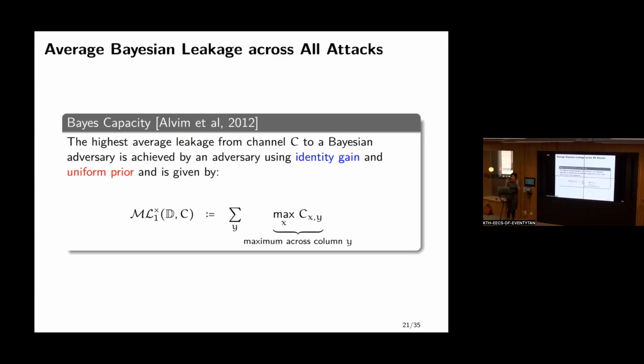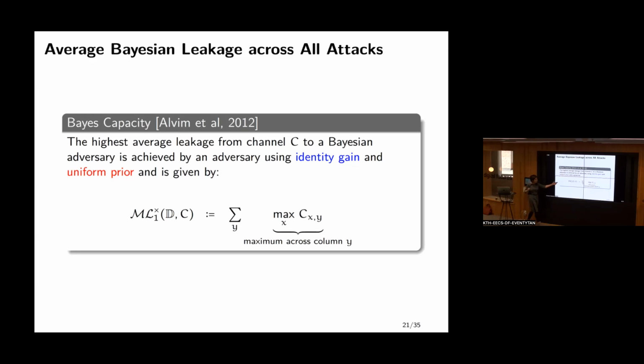So the adversary I showed you is the worst-case attacker in the average sense, and the amount of leakage to that attacker is characterized by the maximum value of the channel in each column, summed across the different columns of the output.